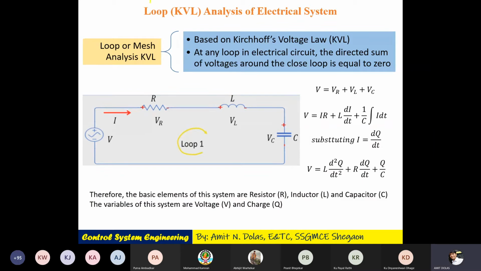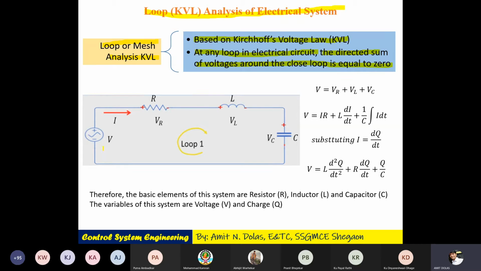Let's have another, the loop or KVL analysis of the system. Loop or mesh analysis uses KVL, based on Kirchhoff's voltage law: at any loop in an electrical circuit, the directed sum of voltages around a closed loop is equal to 0.